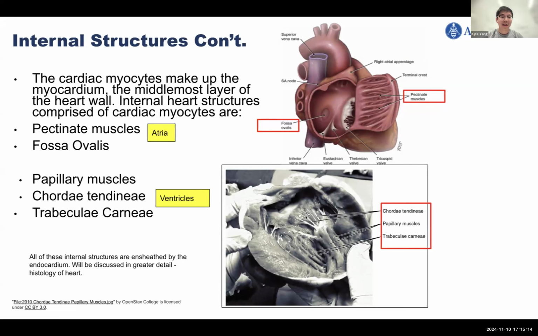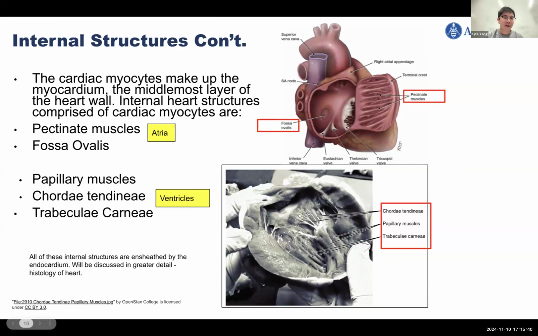And as the name suggests, they're thin and cord-like, and they sort of anchor the valves to the papillary muscle. And then finally, we have our trabeculae carneae here, which are really just these thick layers of muscle in your ventricle, and they're just these muscular columns that help the functioning of the heart.